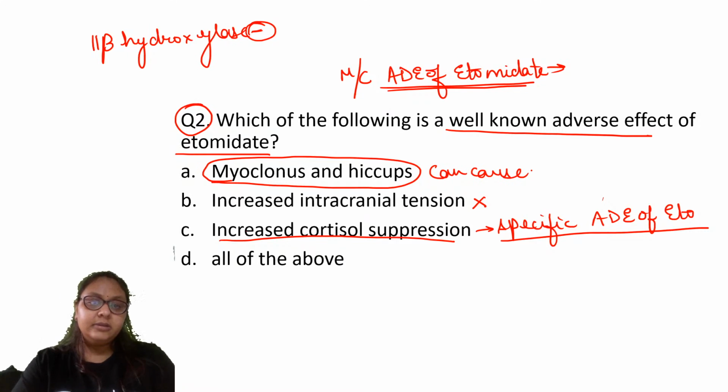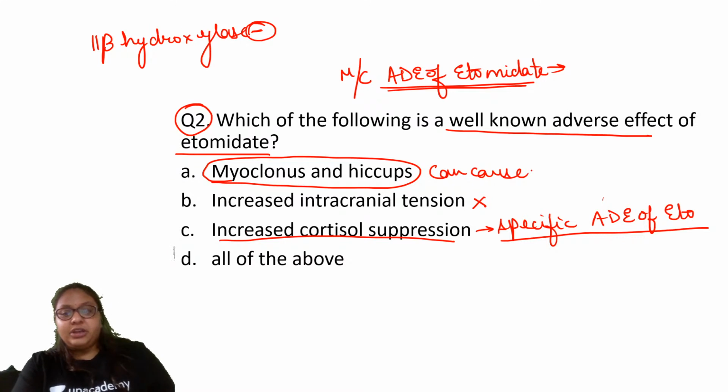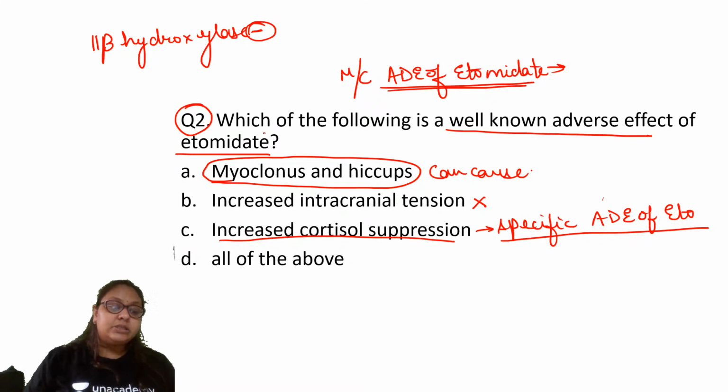Can you please tell me? I'm waiting for the answer. What is the most common adverse effect of etomidate? The specific adverse effect of etomidate, yes, it is increased cortisol. No, it is not A.